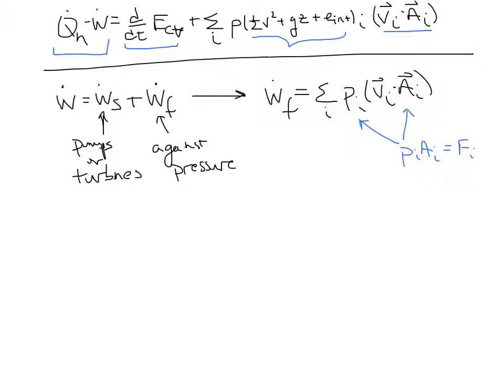When we do that on a per time basis, in order to get the rate of work, it's just the velocity that appears. The V dot A here, I think I need a minus sign on this, to account for the fact that we're talking about the work done by the system.